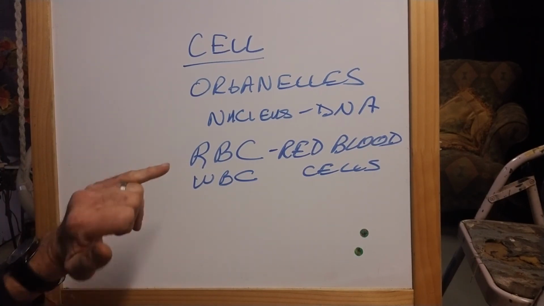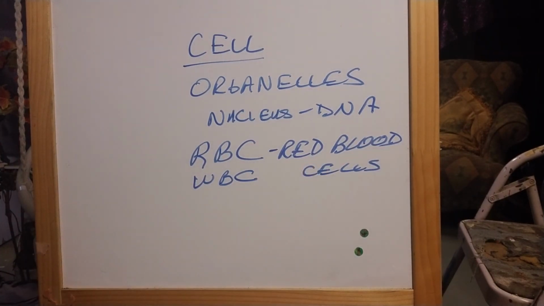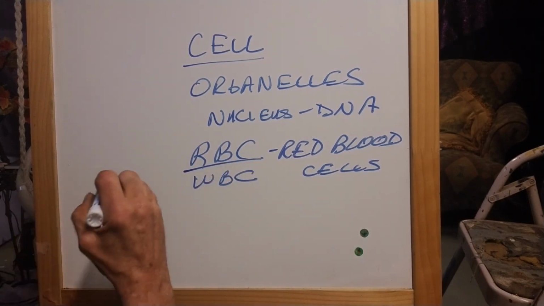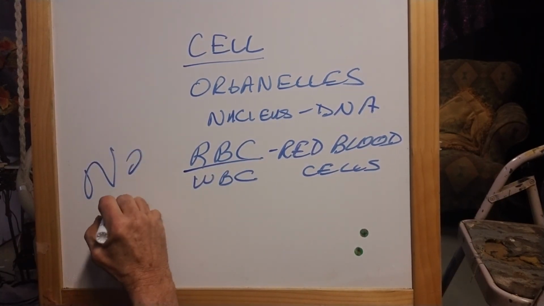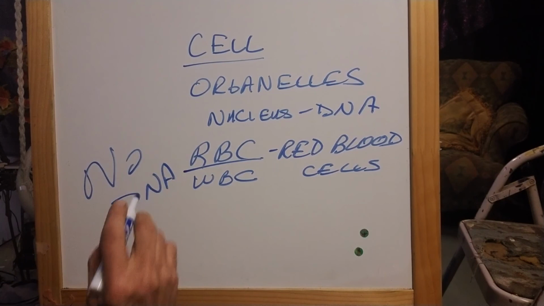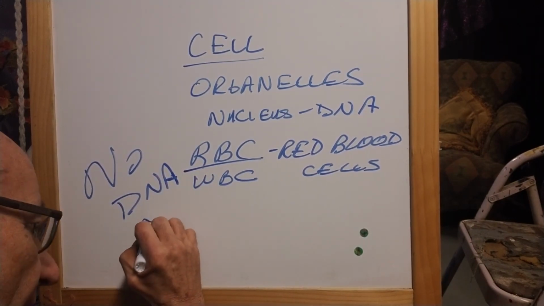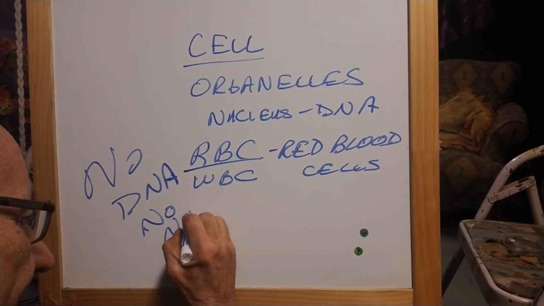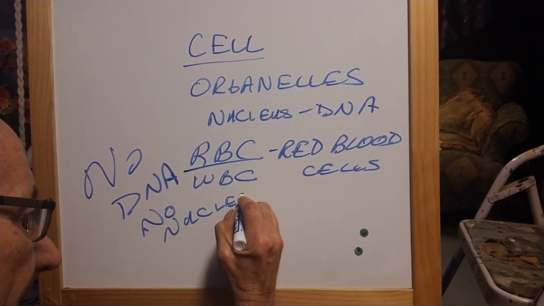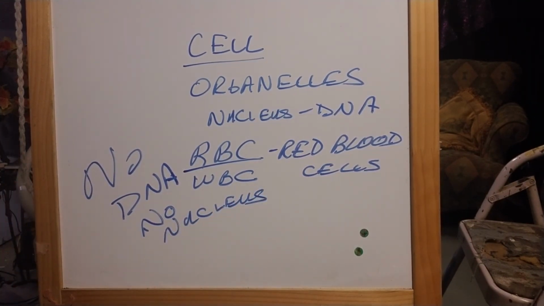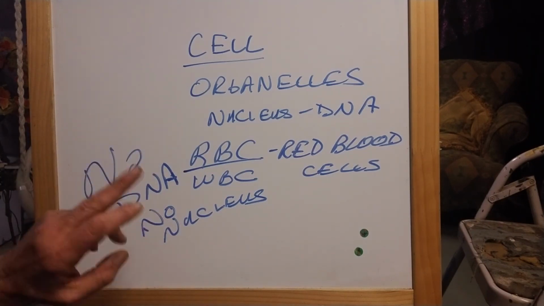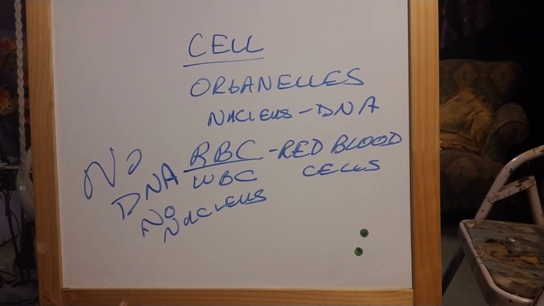So when I refer to RBCs, you're going to know I mean red blood cells. Red blood cells have no DNA, because they have no nucleus. They have just about everything else. Regular cells do, but they have no nucleus.